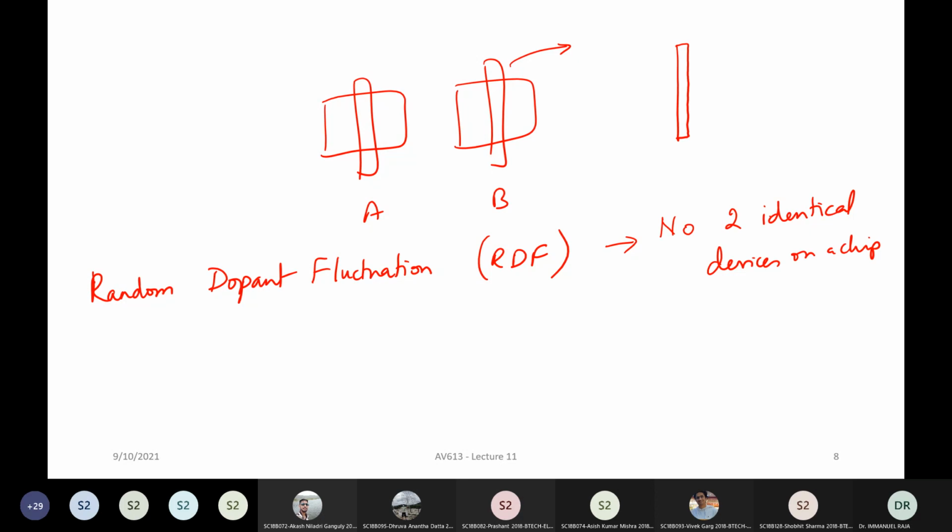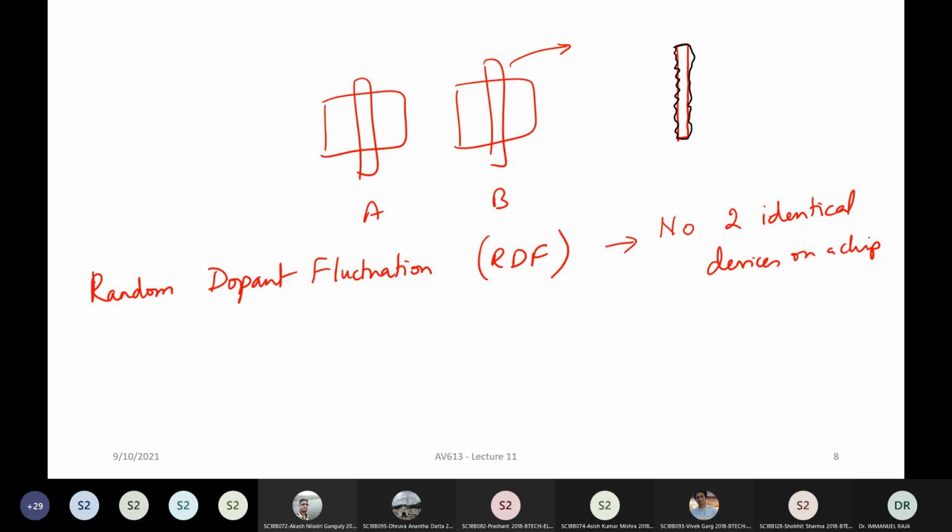But after fabrication, especially for small channel lengths and so on, if you look at a transmission electron microscope, the way that this rectangle will look is something like this. It is not a perfect rectangle. It will have some jaggedness.